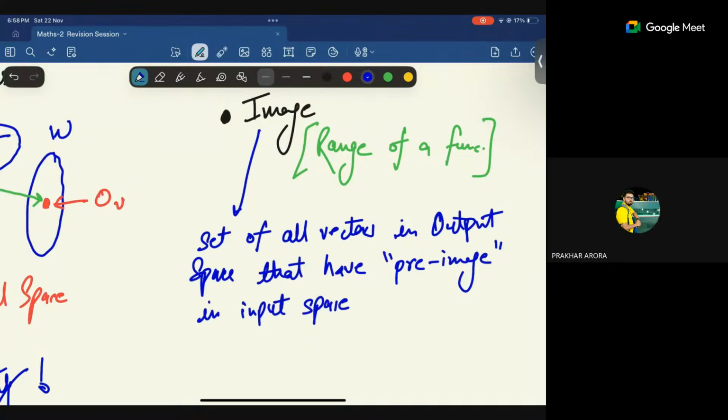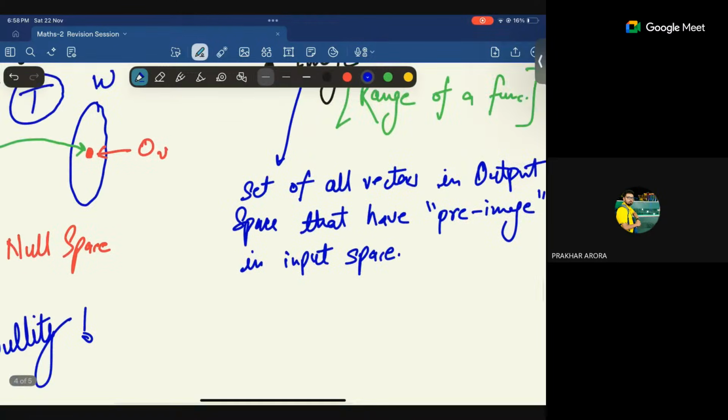I have put pre-image in quotation marks because pre-image is not a word we use in linear transformations, but I don't want to overcomplicate this. The meaning is exactly the same.